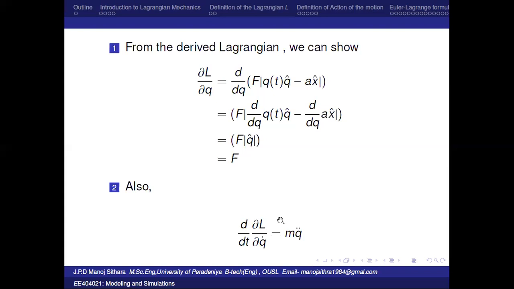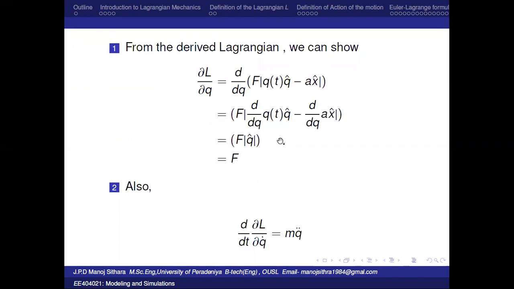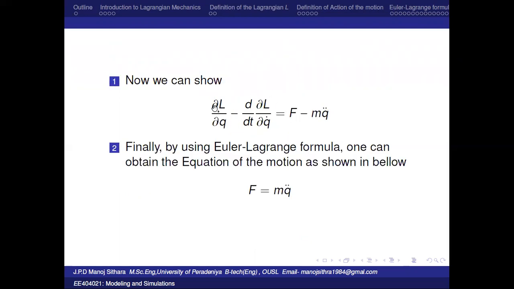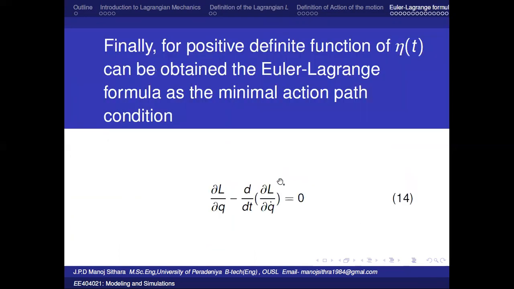Then we can apply the requirement of the Euler Lagrange formula, right? Using this form, we know that the left hand side must be 0, due to the Euler Lagrange criterion that we have been deriving here.